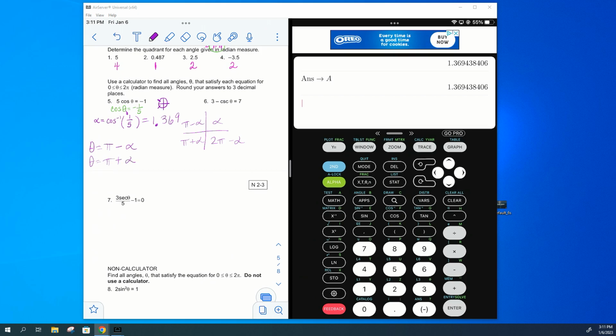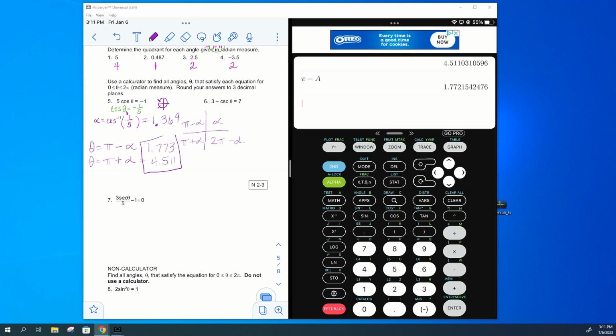Now to do that on the calculator very quickly, I've already stored that into A, so I usually do it in one fell swoop. Notice that there's a pi button over here, kind of next to the exponent. So I'm going to put pi plus alpha, and that's one answer. I happen to write that one second. So 4.511. And I'm going to do pi minus alpha, and that gives me 1.773.